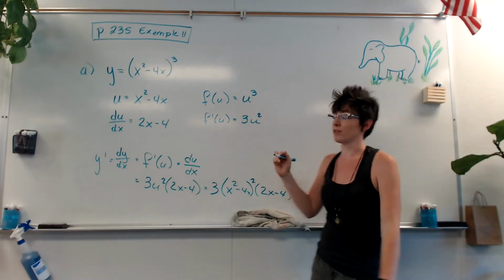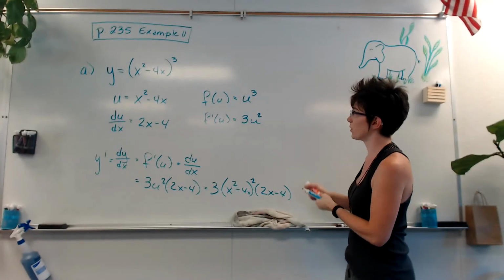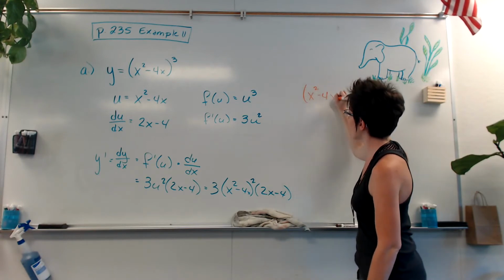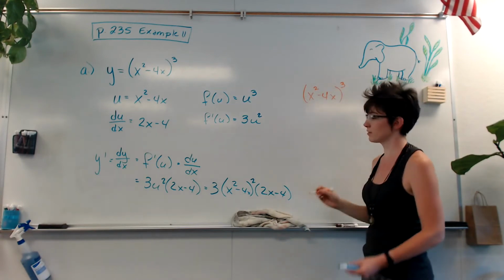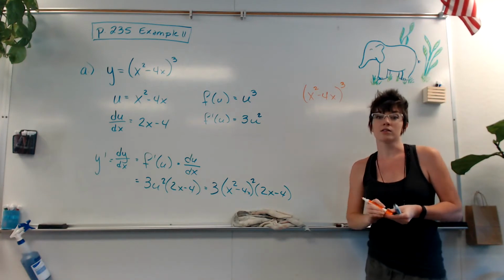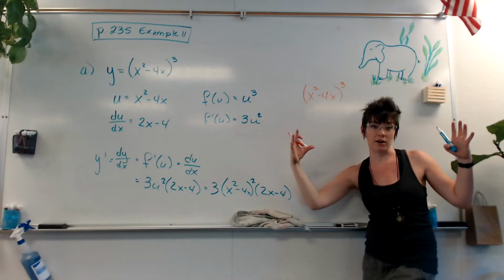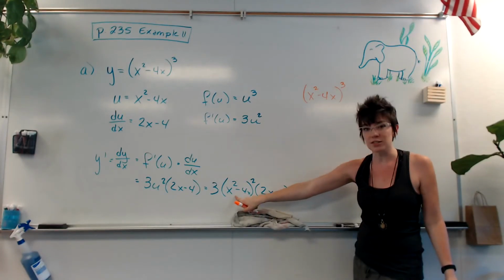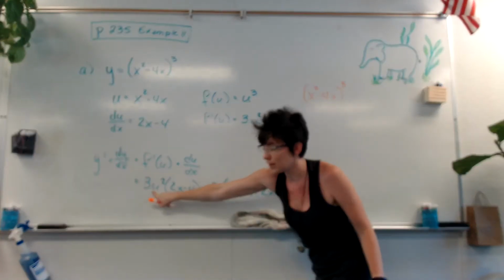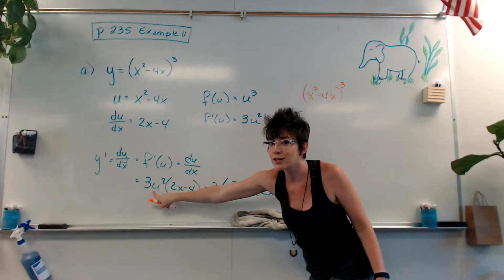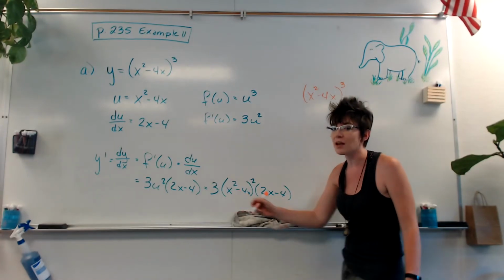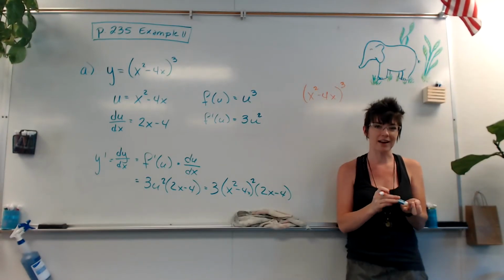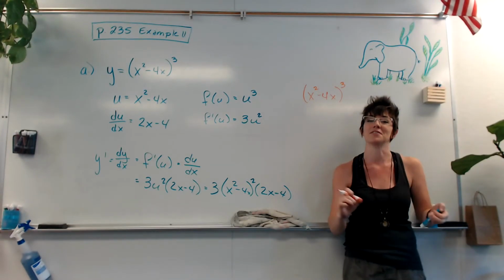Okay, so if you're looking at kind of that original problem back there, when you start on the outside of the problem, so if you're taking your x squared minus 4x cubed, start with like that outermost layer and take the derivative of just that thing. Notice how the inside doesn't change. Notice how u here doesn't change. That inner function initially stays the same. So if you want to go layer by layer, start with the outside, kind of like peeling back layers of an onion.